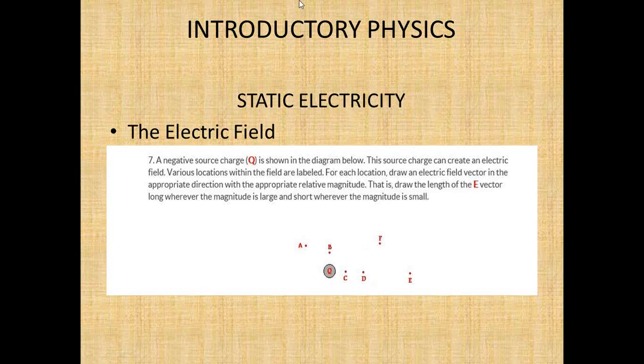So the lines are going to go towards the negative source charge, because if you have a positive test charge, the negative source charge is going to attract it. The closer the distance, the greater the electric field strength. So that is the concept right there.